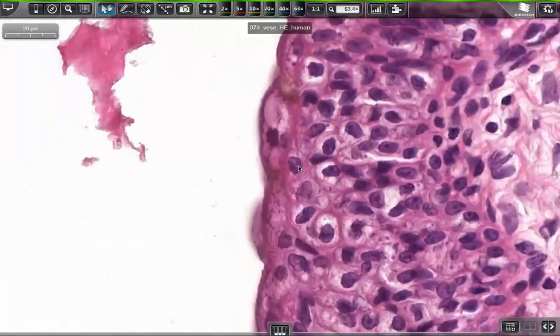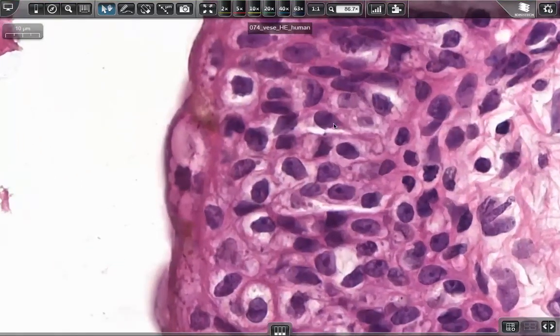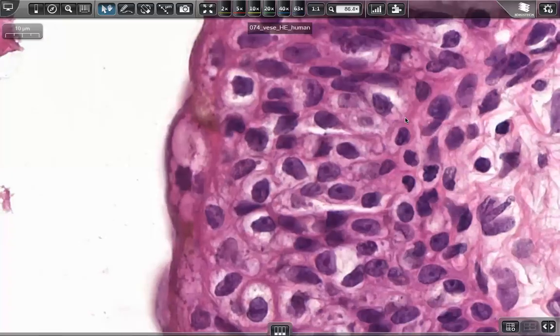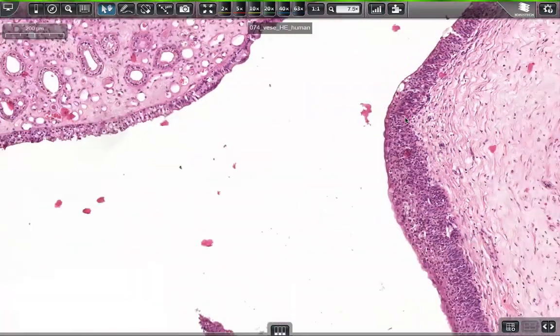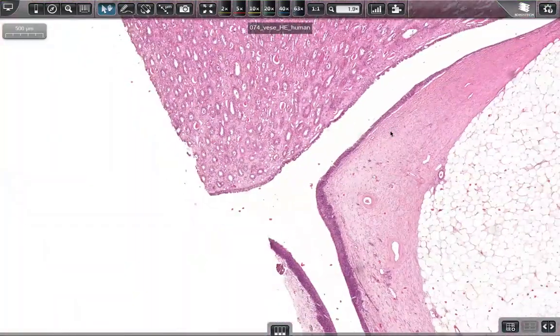So here we can see these dome-shaped umbrella cells. Here we have the pear-shaped cells, the huge cells, then the middle layer, and here we have the basal cells. So this is lined by urothelium. The minor calyx is lined by urothelium.